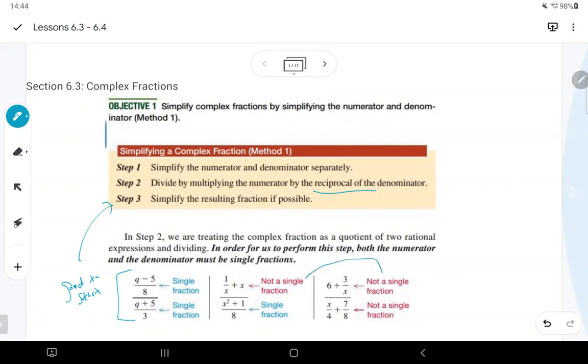So in these two cases, we have to make them single fractions, then you can go back to here.